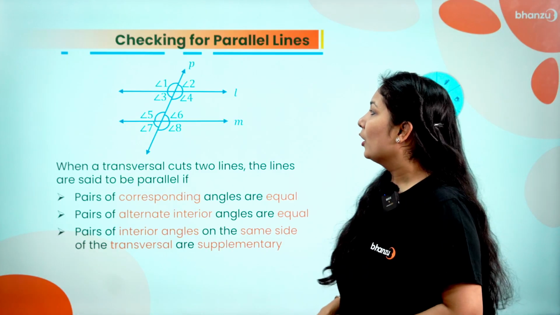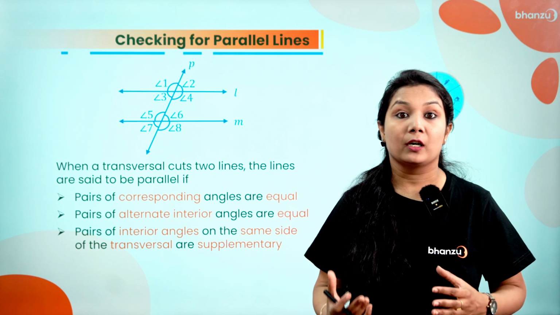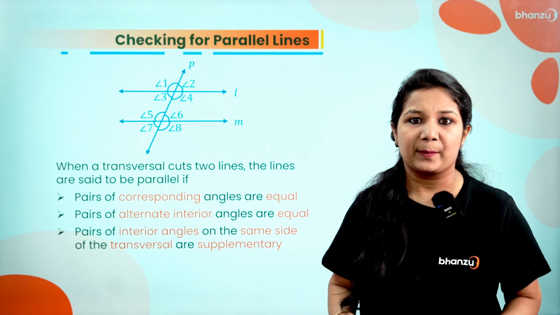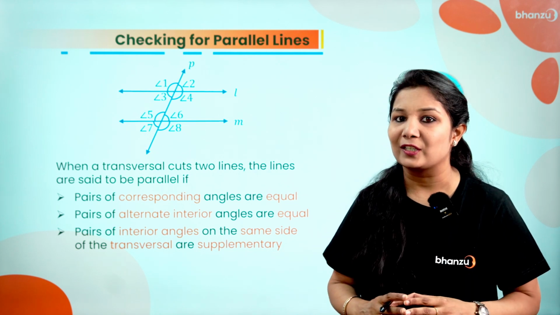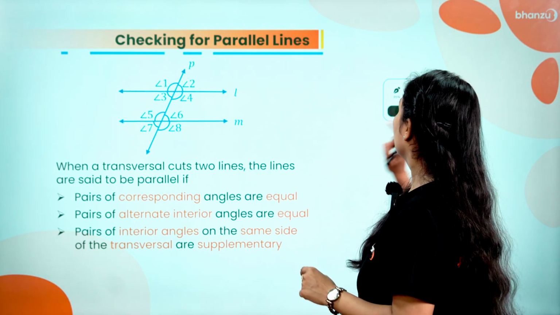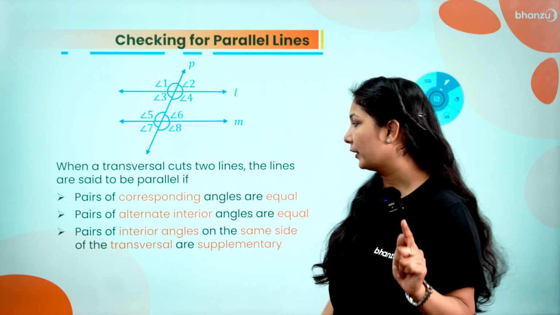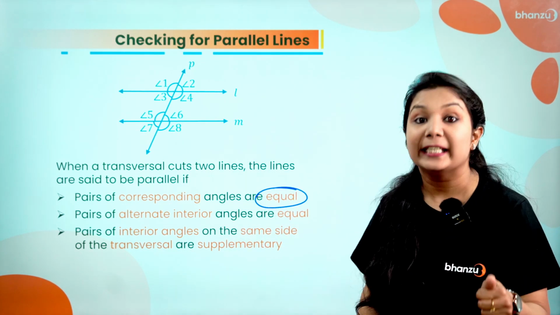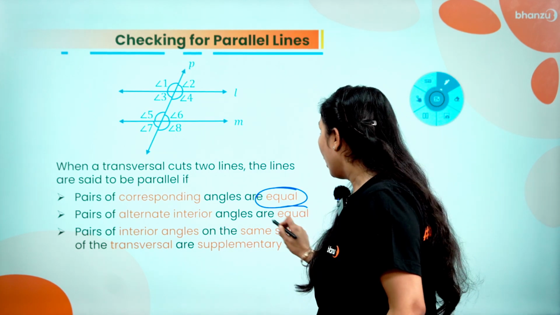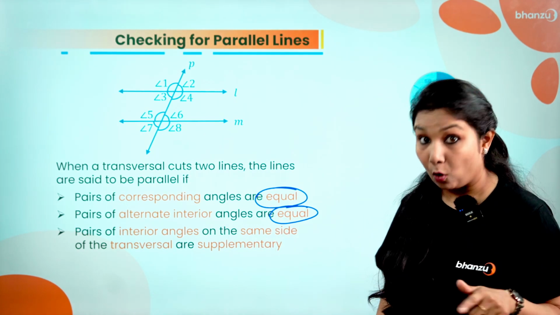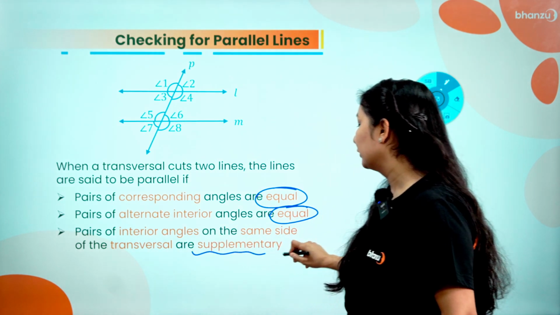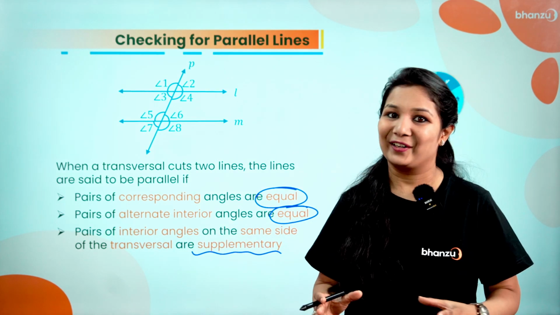Moving ahead, how do we check whether the lines are parallel or not? We all know the different types of angles made by a transversal now, right? To check, we have three conditions. The first: pairs of corresponding angles should be equal. The second: alternate interior angles are also equal. The third: pairs of interior angles on the same side of the transversal are supplementary.